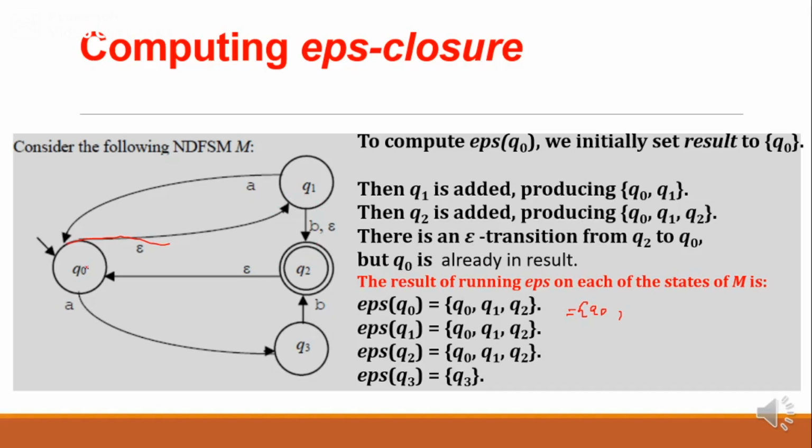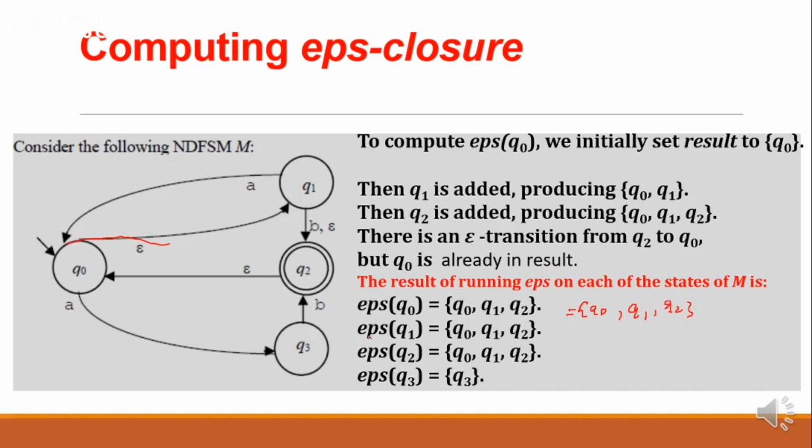You are not going to repeat the states, and no other path is available via epsilon transition. That's why the epsilon closure of Q0 is Q1, Q2 and Q0 itself. I'm writing in the order Q0, Q1, Q2.